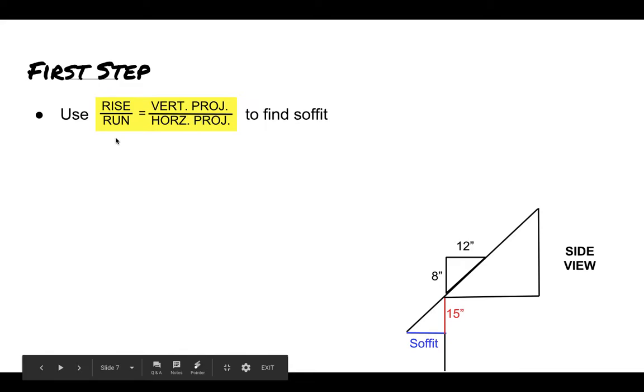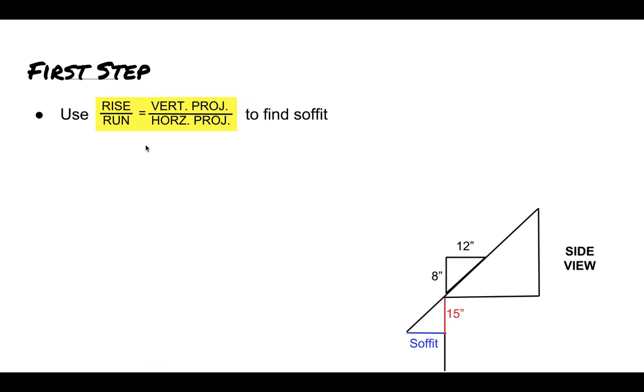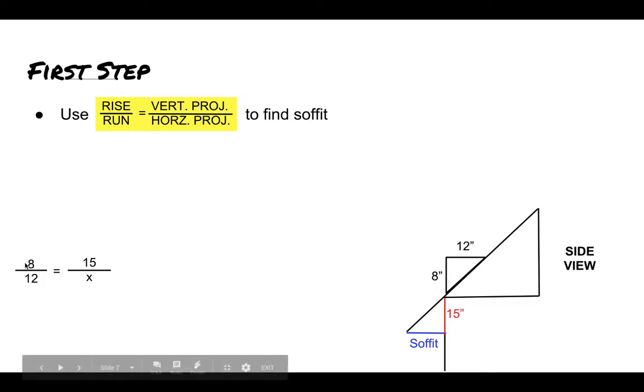First step. We must use rise over run equals vertical projection over horizontal projection to find the soffit. Since our rise is 8 and our run is 12, we will plug that in. And since our vertical projection, which is also our measurement from the top plate, is 15, we will put that on top, and we are solving for the soffit, aka x.